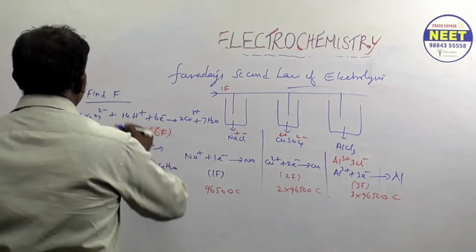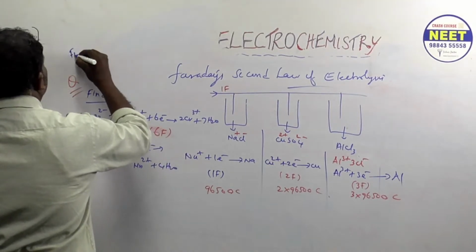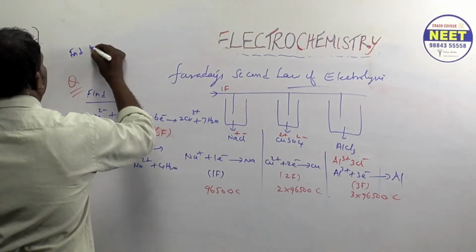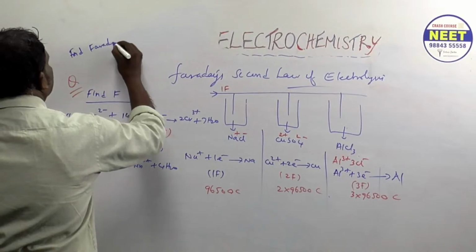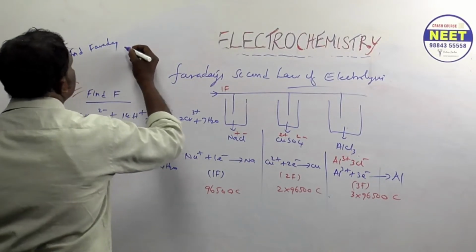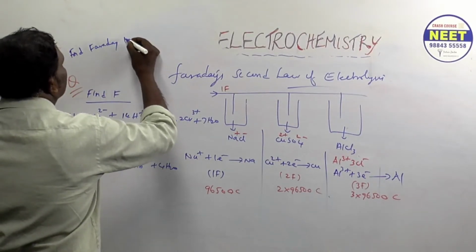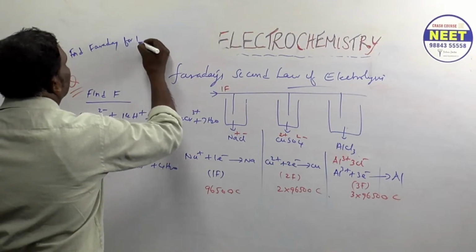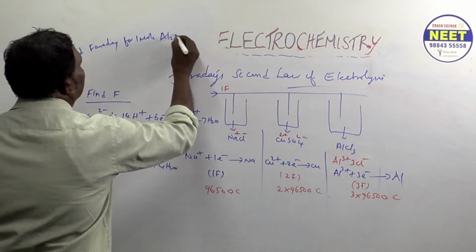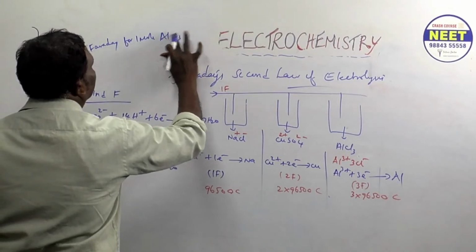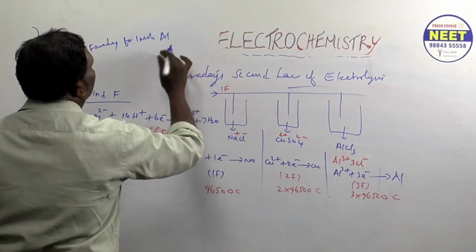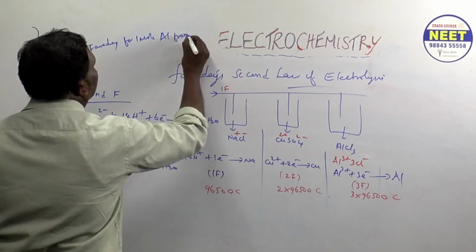Last question, only one question. Find Faraday for 1 mole of Al from Al2O3.